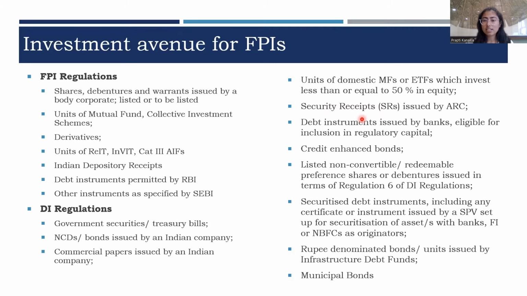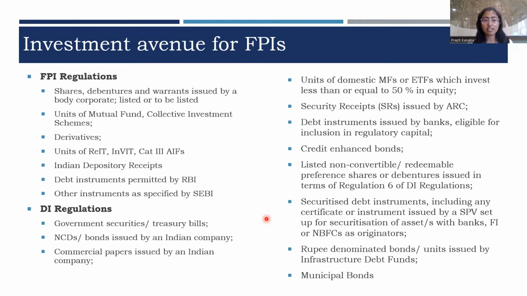Then security receipts, debt instruments which can be included in the regulatory capital of banks, credit enhancement bonds, listed non-convertible or redeemable preference shares or debentures which are issued pursuant to amalgamation or merger of an Indian company to FPIs. Then securitized debt instruments, rupee denominated bonds which are issued by infrastructure debt funds and municipal bonds. So these can be categorized as debt instruments wherein FPIs are allowed to invest.